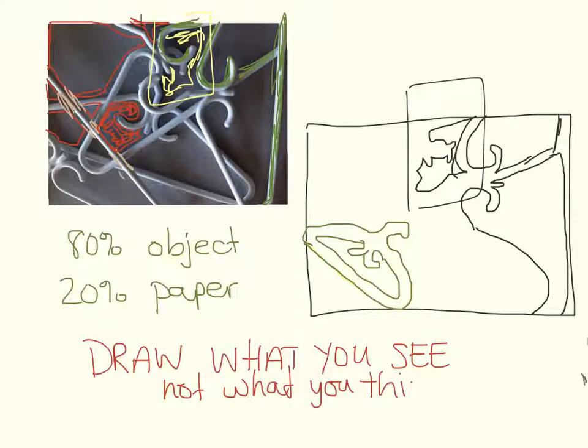So today you are going to take the 3 hangers, you're going to set them out so that they're crossing over. Don't spend a lot of time making them look just perfect because really it doesn't matter. And you're going to draw the negative space.